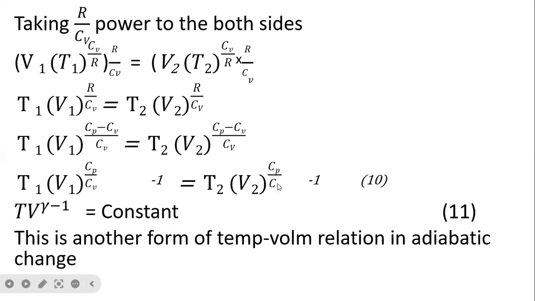So TV to the power gamma minus 1 is constant. This is another form of the temperature-volume relationship in adiabatic change.